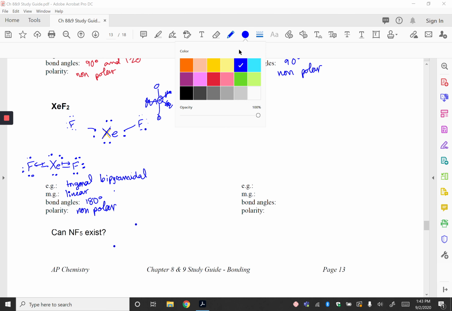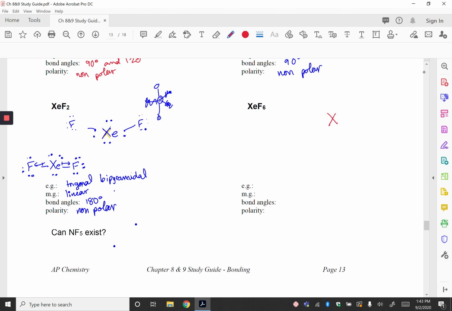XeF6 is the last one we're going to do here. So xenon has 8 valence electrons. We got bonded to 6 fluorines. Well, that's a lot. 2, 3, 4, 5, 6. And then fill them in.